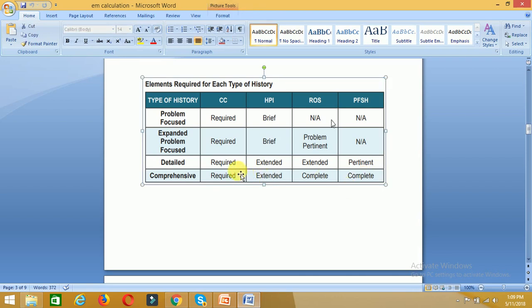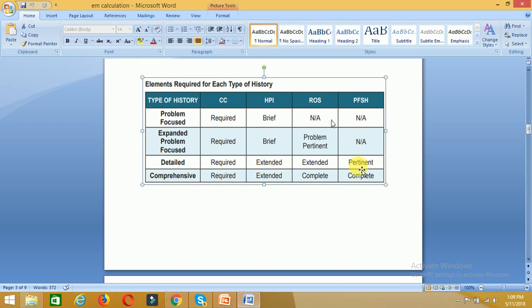As I have met 3 components in the type of history, but only PFSH as complete, we will take the lesser one. That means I will take the pertinent PFSH, because complete covers pertinent also, right? Now here I have met 3 components and only 1 component in comprehensive, so weightage is more to the detailed type, isn't it? 3 things are met and only 1 thing is met, so we will take the lesser one.